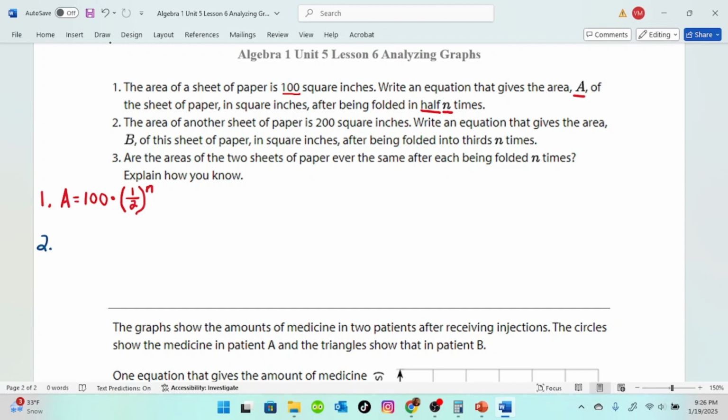So again, the first thing we need is the name of the function. And they tell us right here we're going to call it capital B. Then we need the starting amount. And on number 2, they tell us the starting amount is 200.